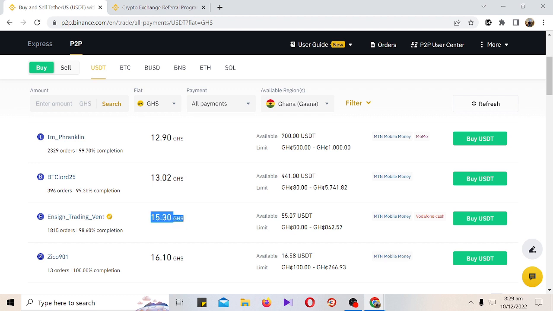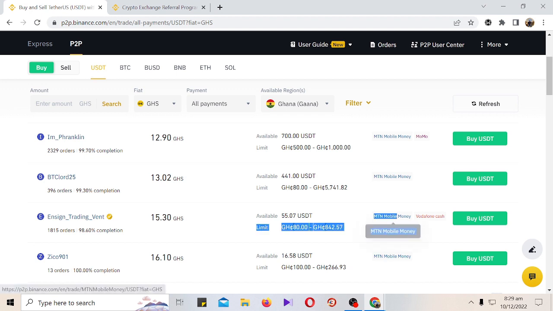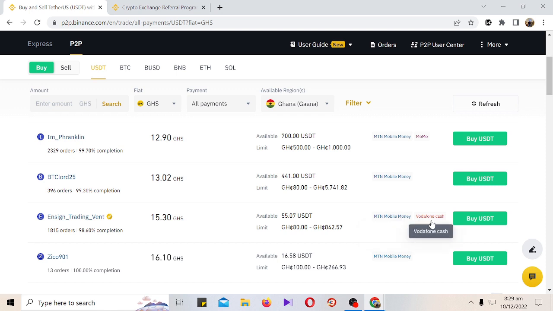His rate is 15.3 Ghana cedis for 1 USDT. His limit is 80 cedis to 842 Ghana cedis, mobile money and Vodafone Cash. So that means if you are going to buy USDT from this guy, you can buy with either MTN or Vodafone Cash.